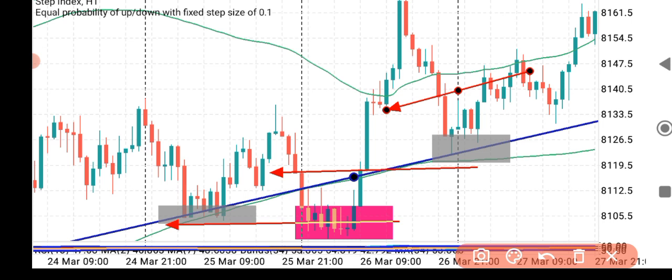If I am to trade this zone, price has come, right? And it went back to somewhere here. Price has come down from here, no doubt.